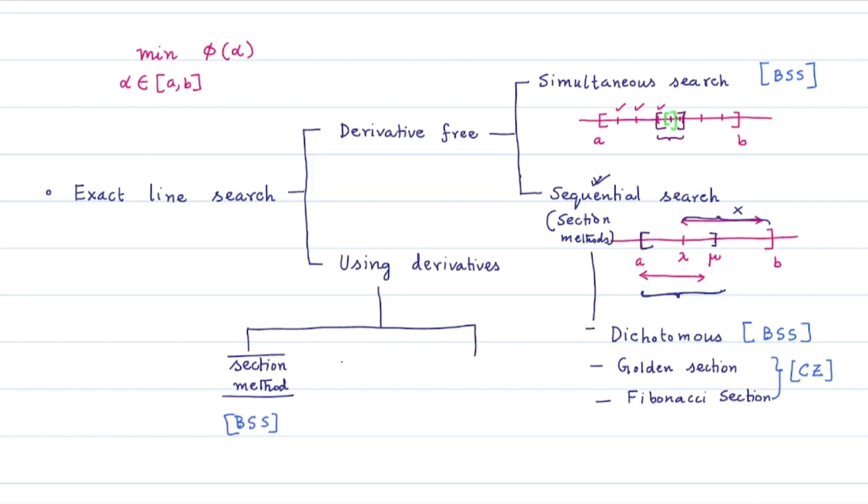The other category of exact line search methods using derivatives is the approximation methods, and commonly used approximation methods are the root finding methods for functions of one variable. Those are Newton method, which can be found in Bazaraa and Shetty's book.